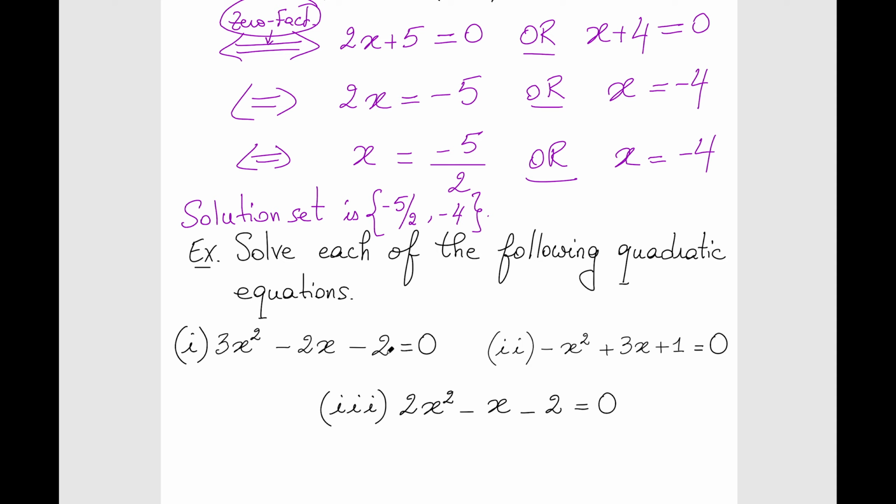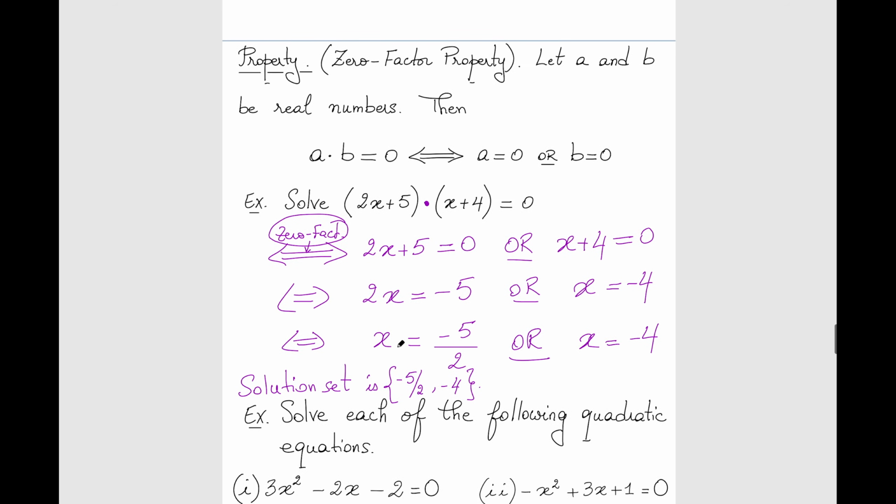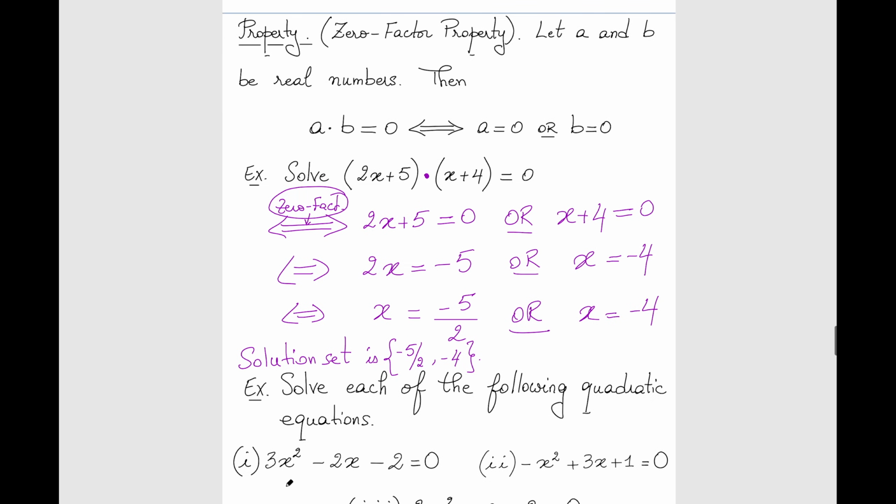Well, look at each one. Let's focus on the first for a second. I want to find where this second degree polynomial is 0. Well, I don't know how to do it except if I factor this left-hand side. Once I factor it, I can invoke the 0 factor property, because factoring means you are writing it as a product, and then you would be equating a product with 0.